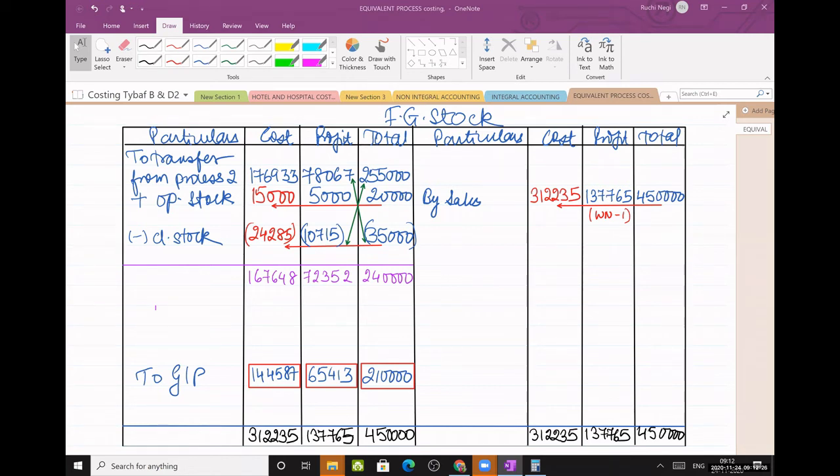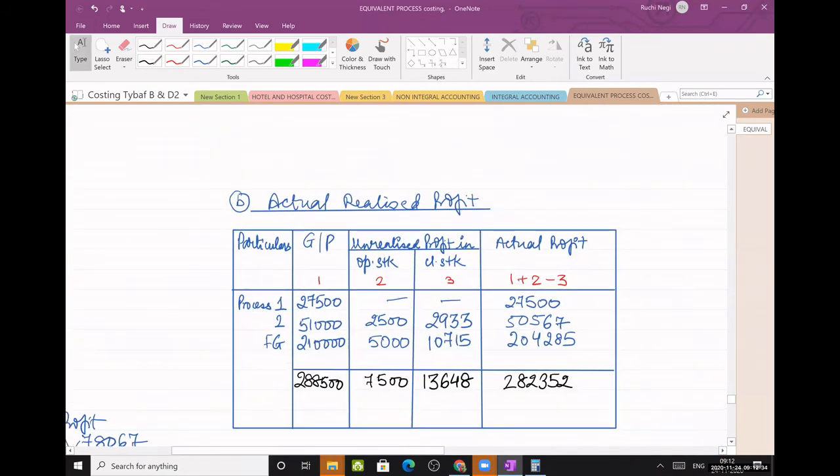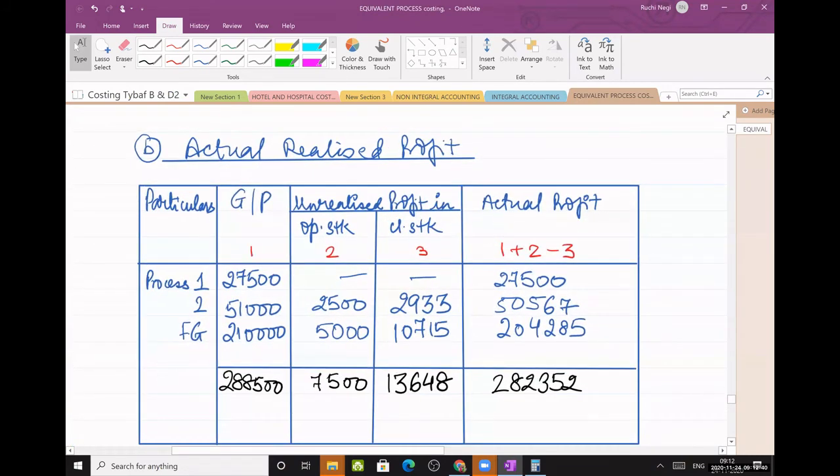Okay, so this is what they have asked. The process account will move here. Next, they have asked you to calculate unrealized profit, realized profit, actual realized profit. So make this, comma, actual realized profit.